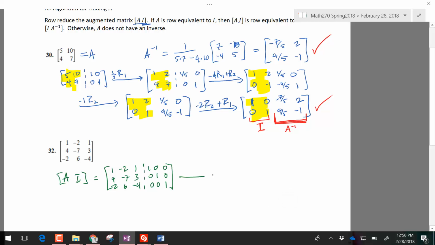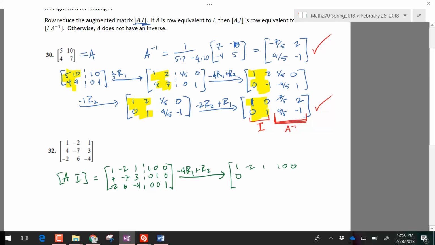All right. So the 1 is already in the first slot, which is good. So I'm going to do a couple of steps on this one. Let's get rid of that 4 by multiplying the first row by negative 4 and adding it to row 2. So we have 1 minus 2, 1, 1, 0, 0.